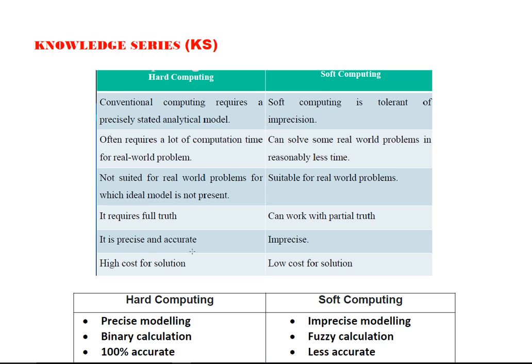It is imprecise and approximate, because if you want to control a fan using hard computing, you need the fan speed, you need the temperature of the room in terms of a decimal digit, and based on that you have to give a value to the controller, and the fan will be able to be controlled.